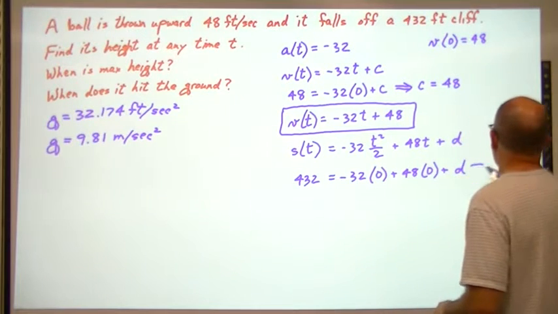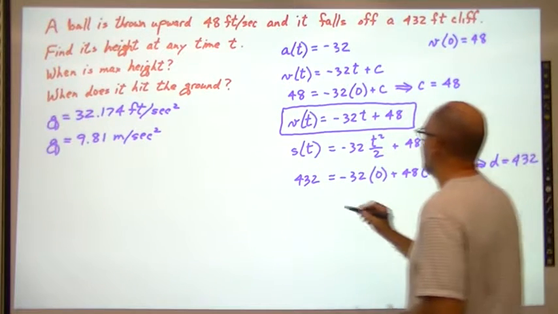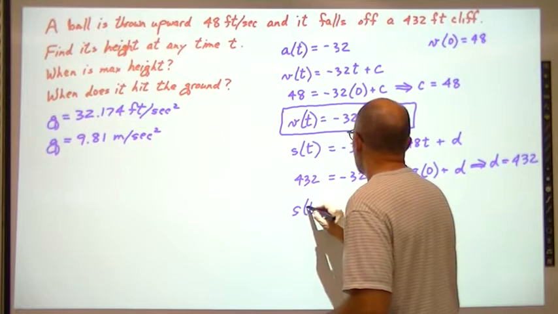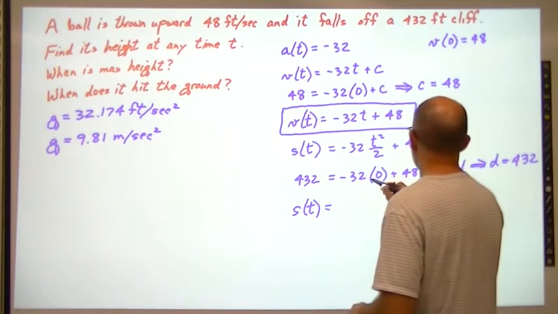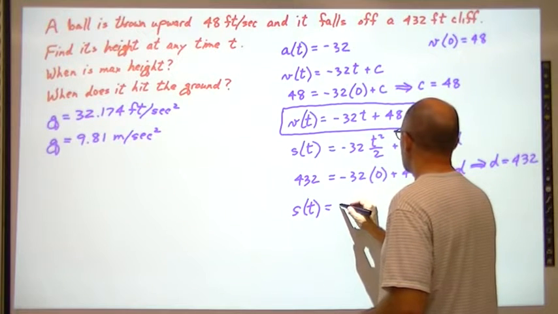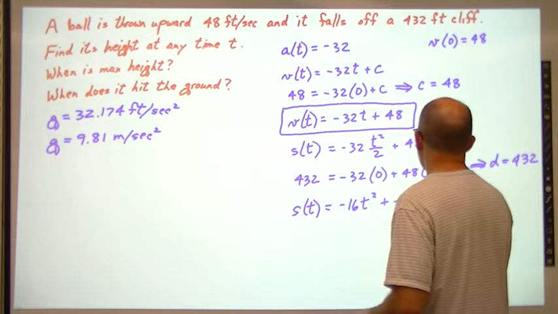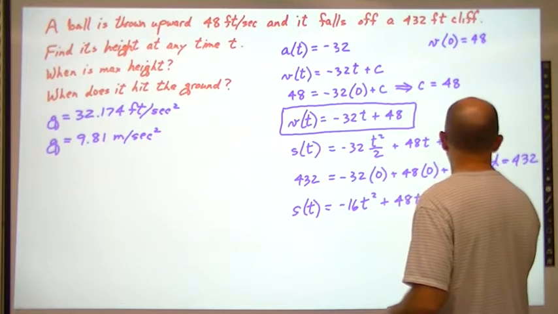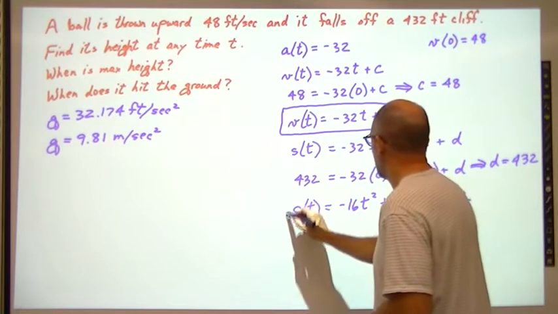So that means d equals 432. And that gives us s of t, the position at any time t: negative 32t squared over 2, which is negative 16t squared, plus 48t plus 432.